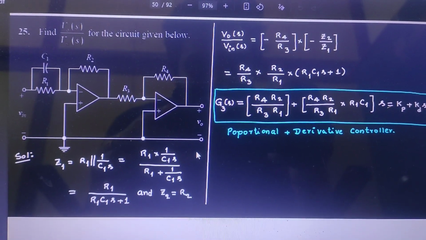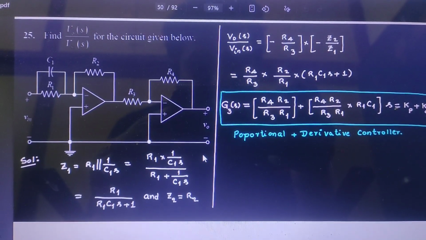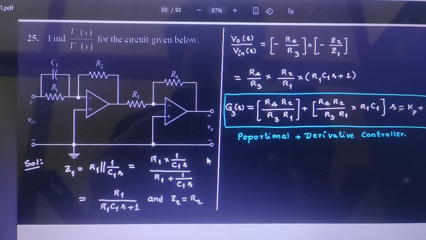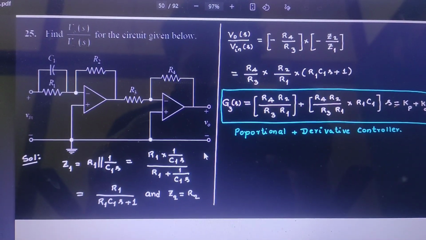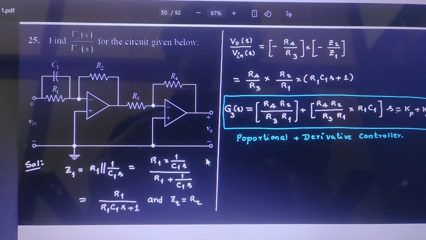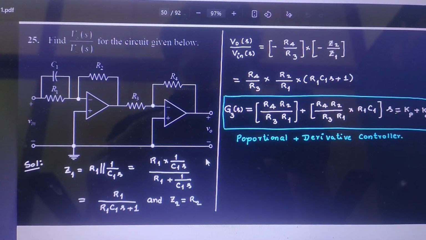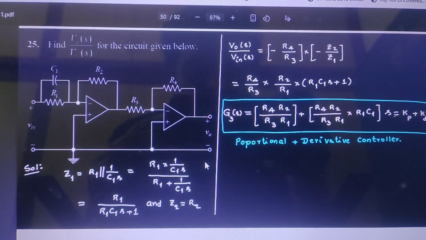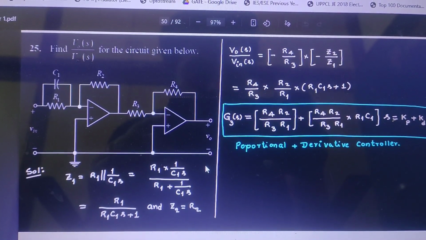In this circuit, it consists of a capacitor and resistance in parallel, then another two op amps are connected, same as a proportional controller. Here Z1 is taken as the parallel circuit of C1 and R1. To find the transfer function, we use the formula for the output voltage by input voltage of an inverting amplifier, that is minus RF divided by R1.